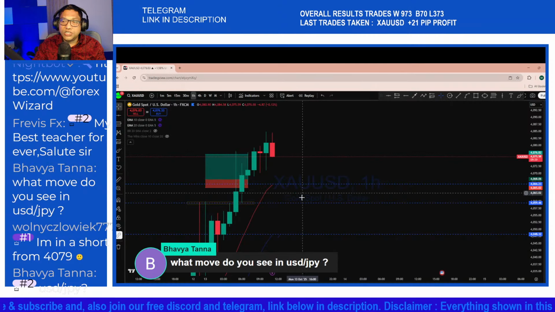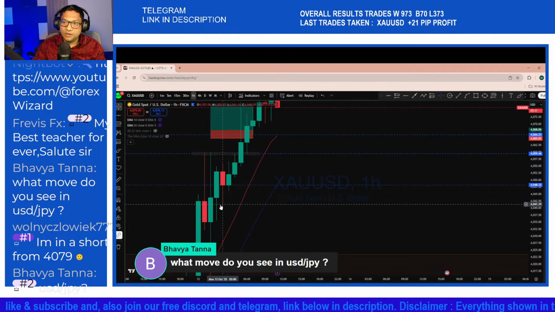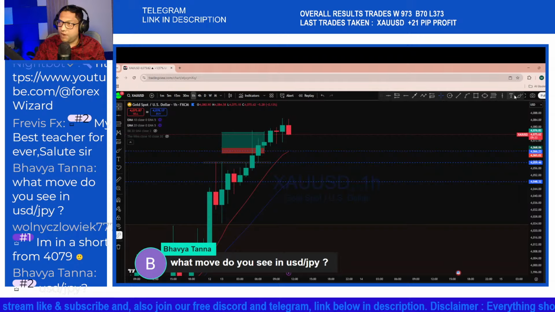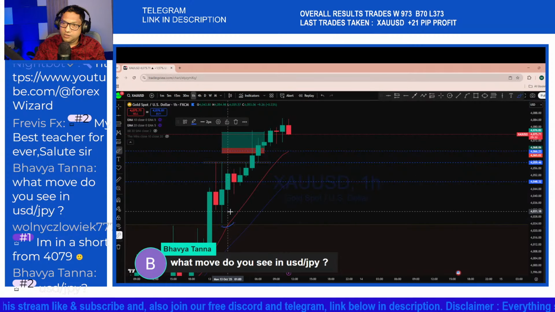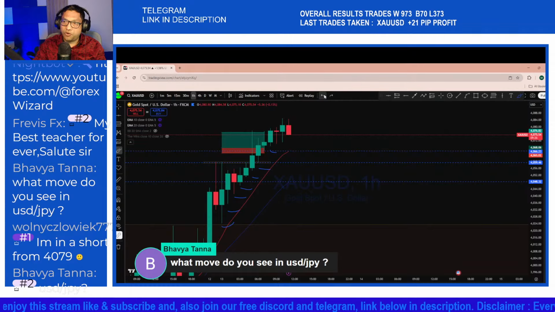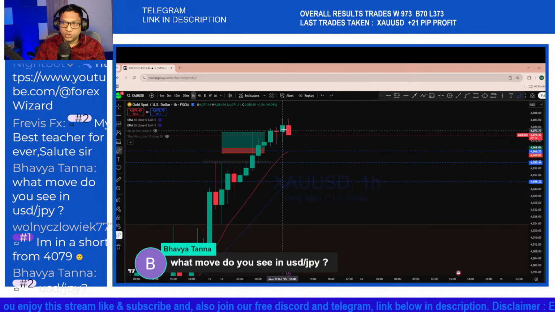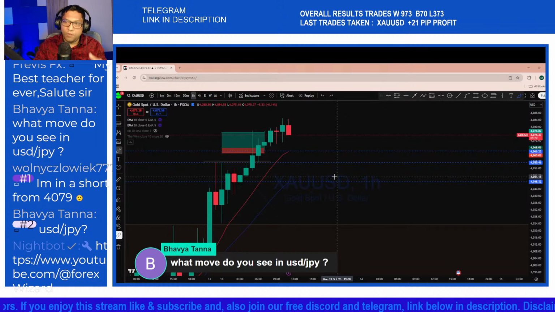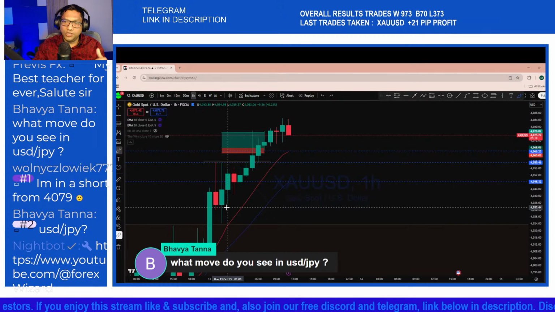If you look at this support level, you can see the market is maintaining a series of higher lows in an uptrending market structure.